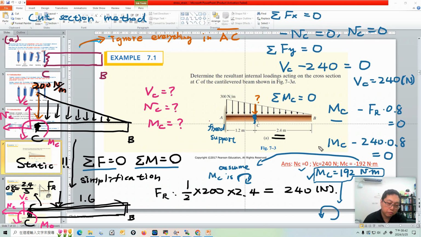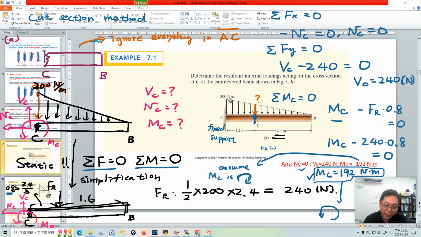In the next video, I will show you that if we use the AC section to do the same calculation, you will have the same answers. And you will understand that if you use the AC section, the calculation will take much longer, not only because of the reaction force issue, but also because the distributed load will become a trapezoid.